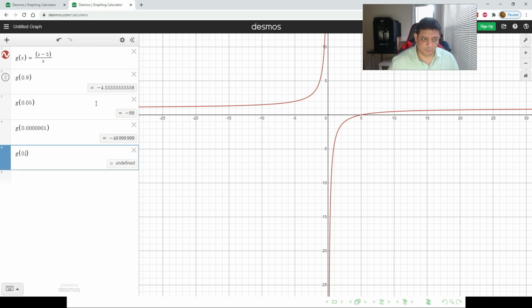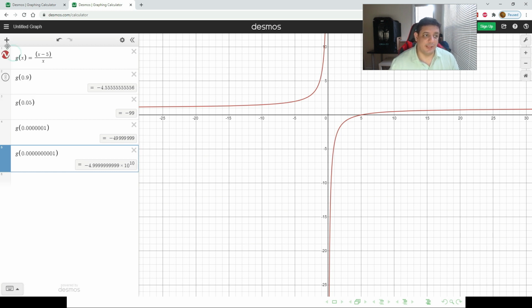If we do 0.000000001, then at that point we can see that it's getting larger. Yeah, at this point we can see that it gets really large and negative, so it's going to minus infinity.